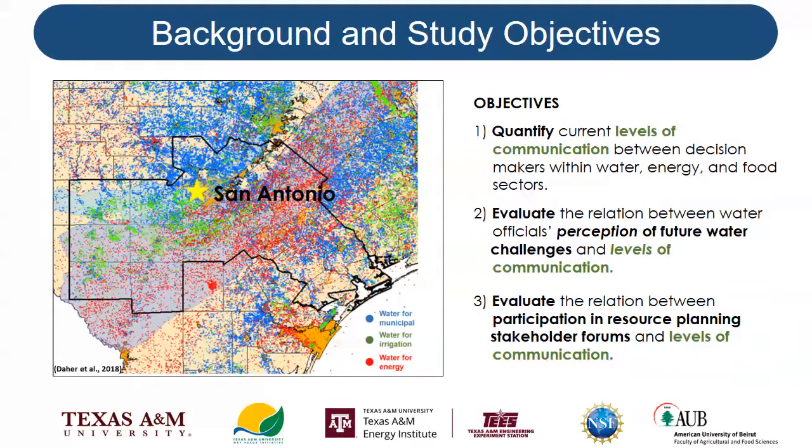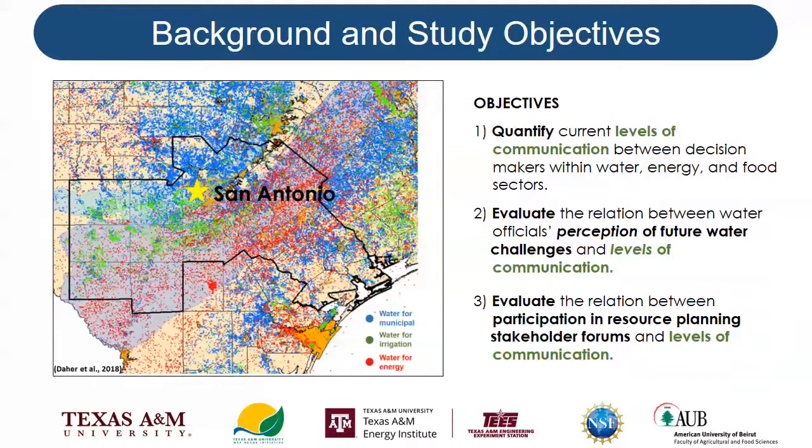So we can clearly and quickly start seeing the extent of competition that exists between these three growing sectors in that region. And despite our knowledge of the interconnection between the three growing sectors and the three resource systems, we know little about the level of communication between those who are making decisions within water, energy, and food institutions in the area.